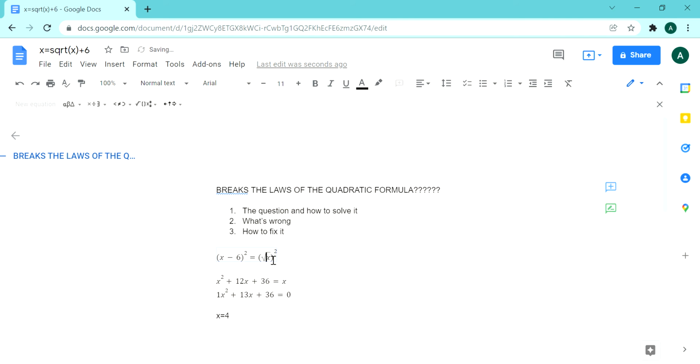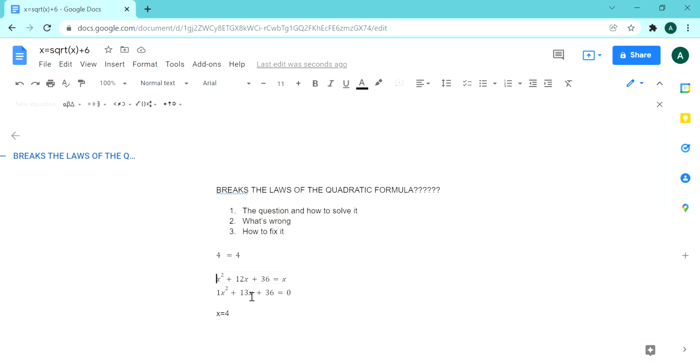If we plug in 4 minus 6 squared equals the square root of 4 squared, so 4 minus 6 is negative 2 squared, which is 4. The square root of 4 squared, 2 squared is 4, so it works.